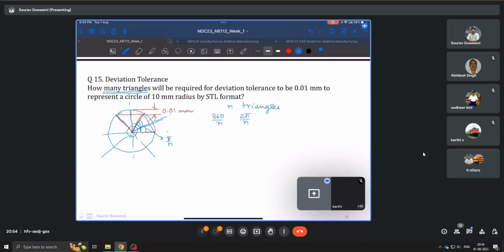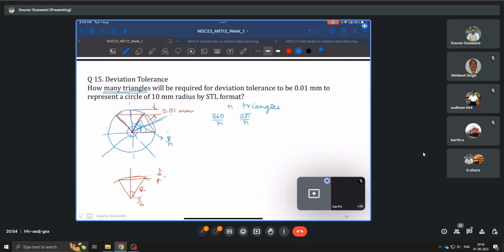And if you look at one individual triangle, this length is r. This angle, as we discussed, is pi by n, and this is the deviation tolerance given to us.